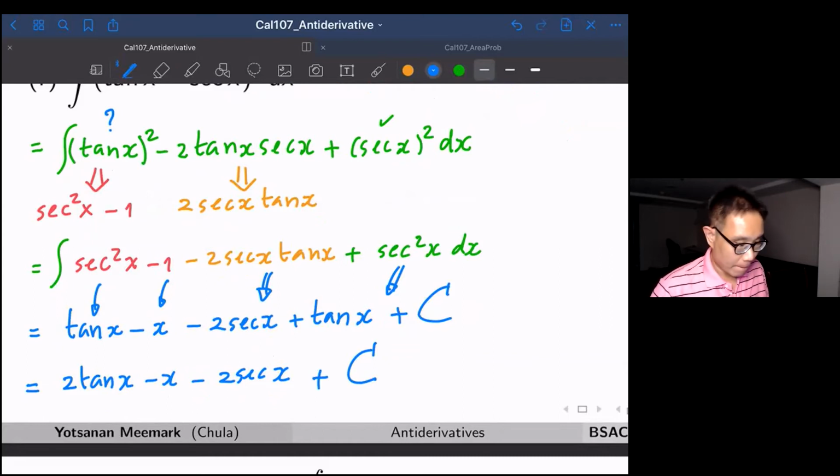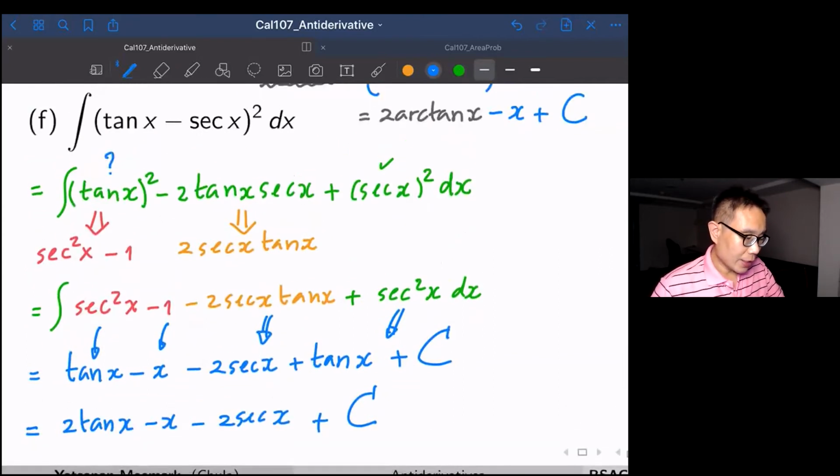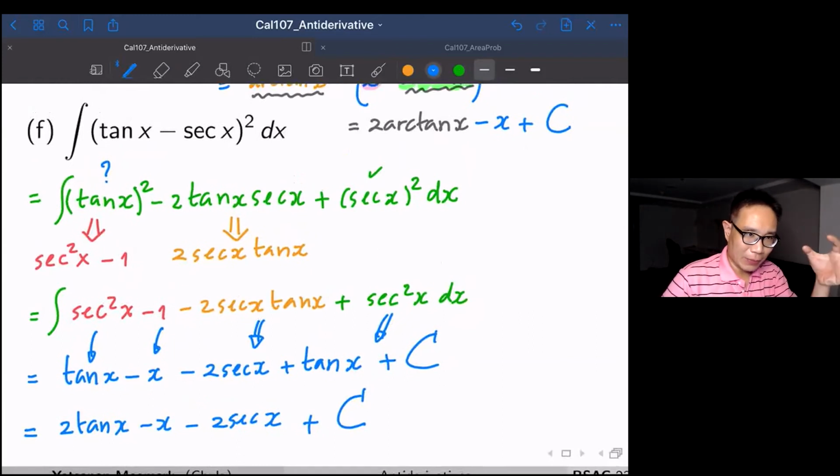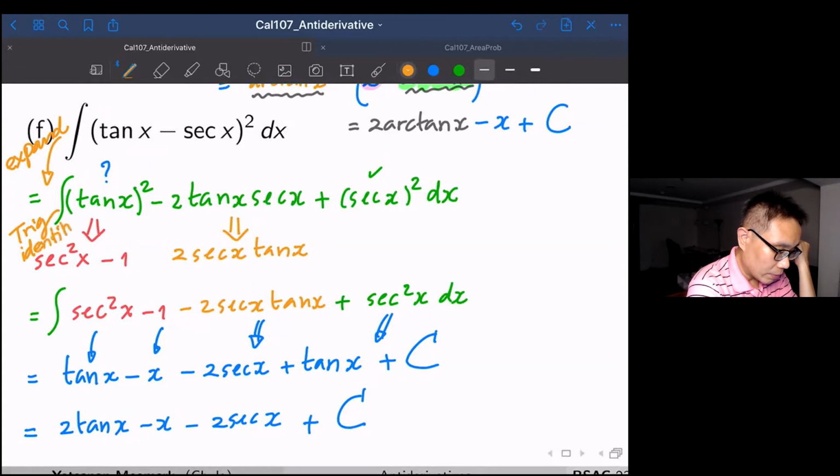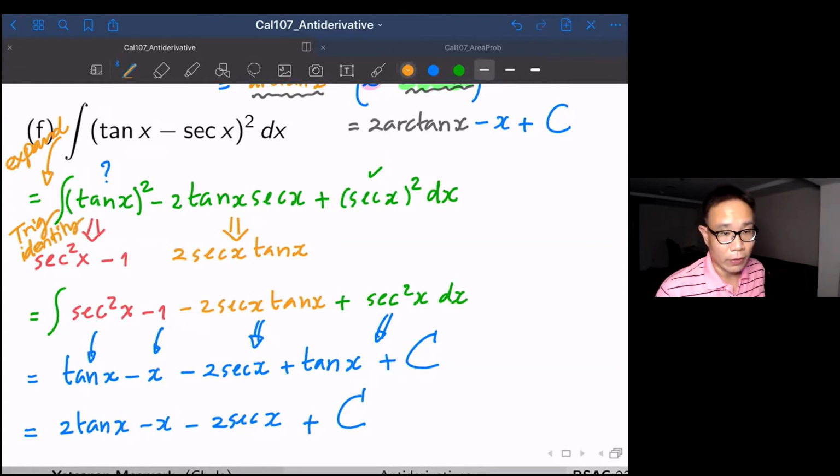Okay, so you see that this one you may have to play with algebra. Okay, so you first expand, okay, here to here you just expand. However, here you need to use the trig identity. Okay, so in order to obtain the final solution.